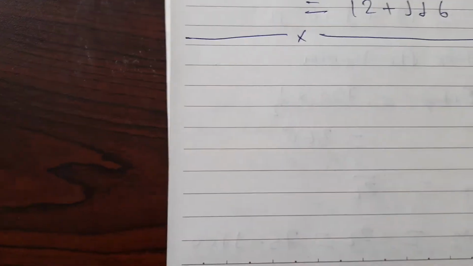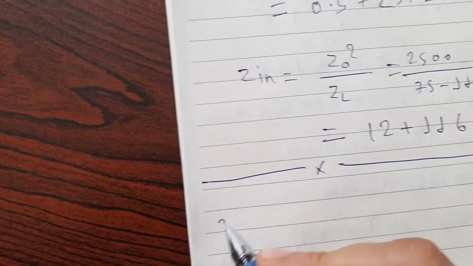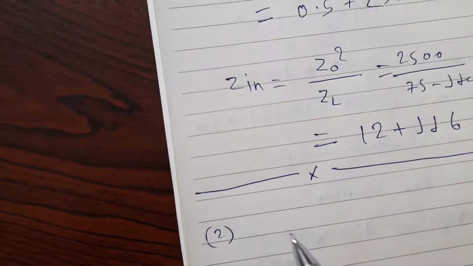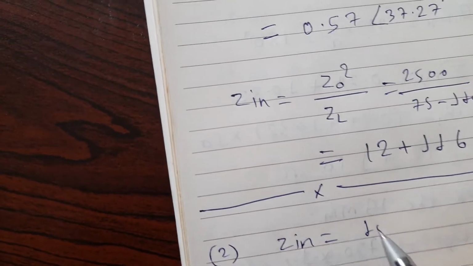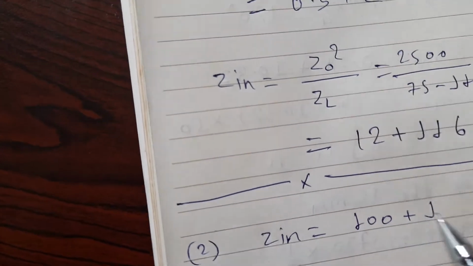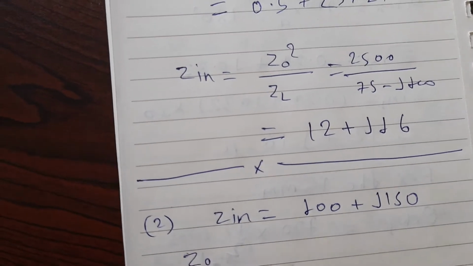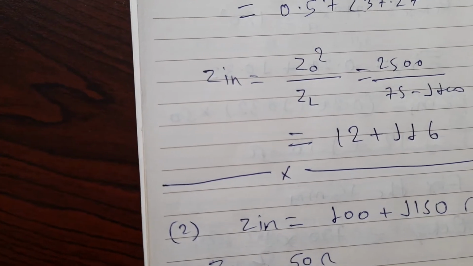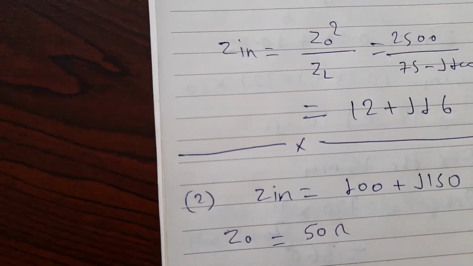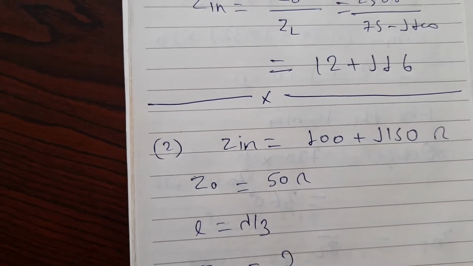In the second question, it is given that Z in is equal to 100 plus j150, Z naught is equal to 50 ohm, length is equal to lambda by 3, and they want the value of ZL.